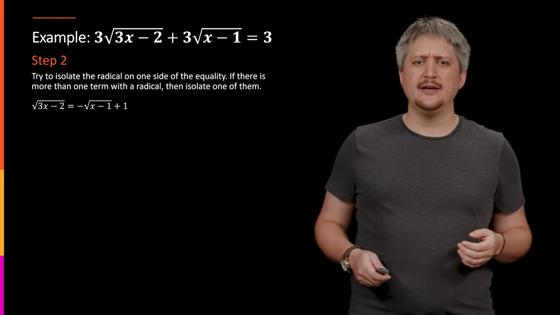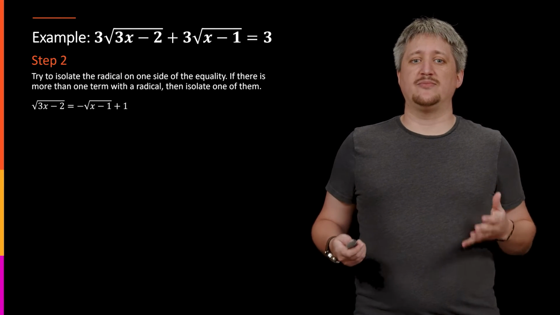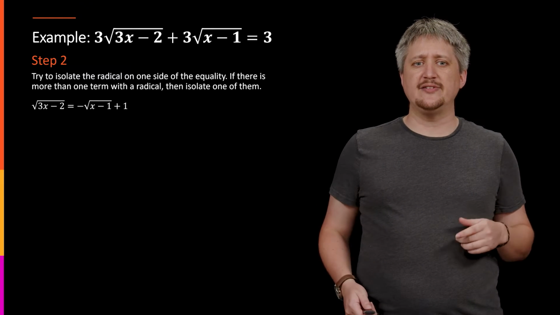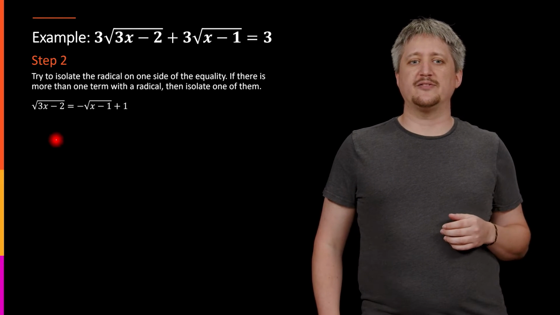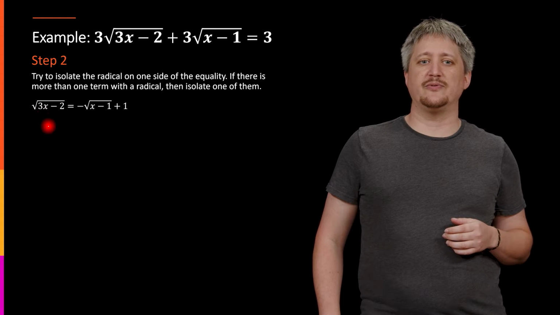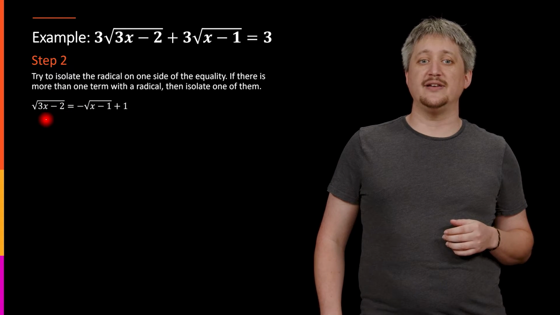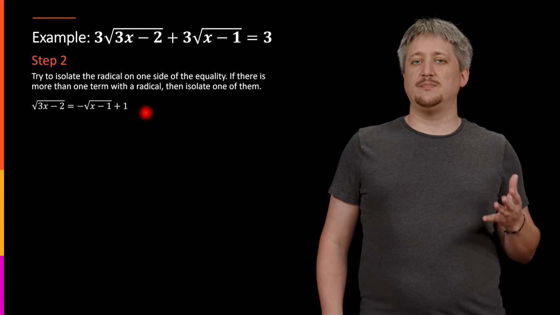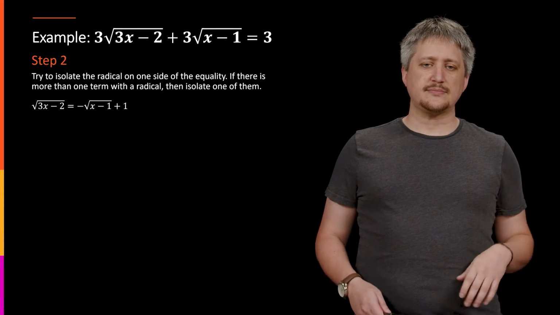So here I can do that by subtracting the square root of x minus 1 from both sides. Now I have the square root of 3x minus 2 on its own side, and that equals the negative square root of x minus 1 plus 1, okay?